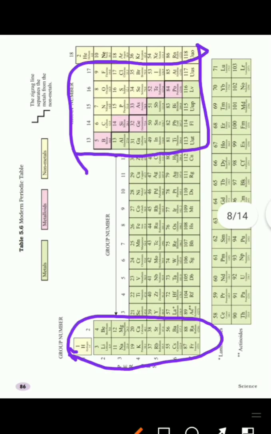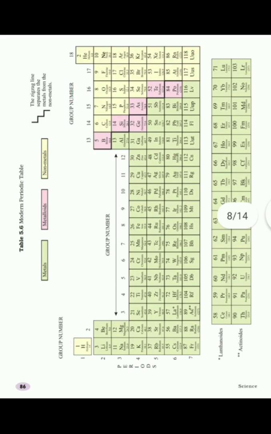The group 1, 2, 13, 14, 15, 16 and 17 elements are called normal elements, because their last orbits are incomplete. That is, they don't have a complete duplet or octet. Then group 18.